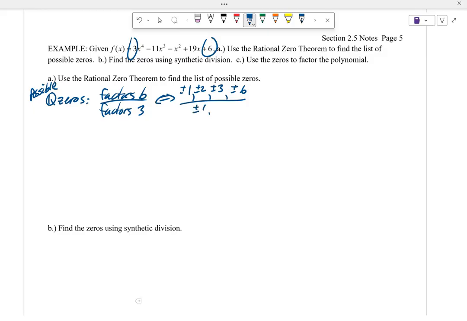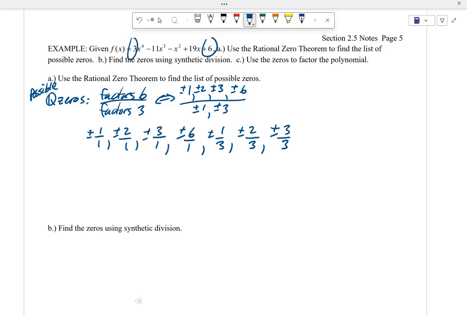Factors of 3 are just 1 and 3. So we got plus minus 1 over 1, plus minus 2 over 1, plus minus 3 over 1, plus minus 6 over 1, and then we're going to do all over the 3 on the bottom now. So plus minus 1 over the 3, plus minus the 2 over 3, plus minus the 3 over 3, plus minus the 6 over 3.